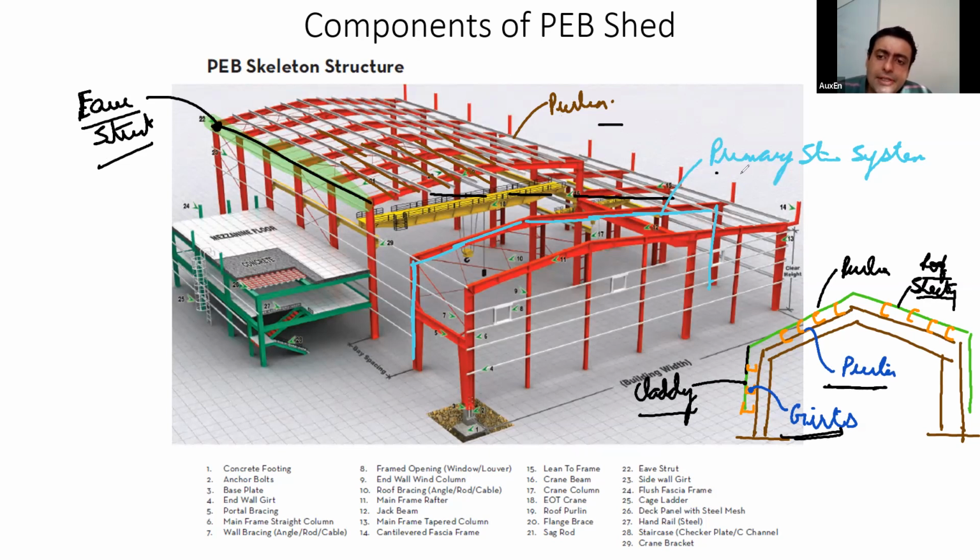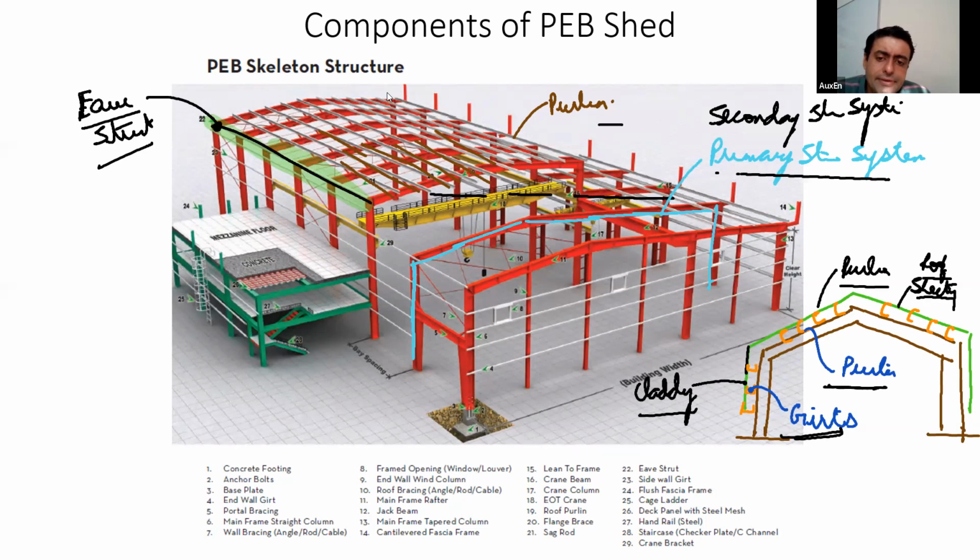So one was the primary structural system that consists of the main portal. Then purlins, girts, eave struts are called the secondary structural system. Are you clear with this? Okay. So these are just some common terms that we would be using.